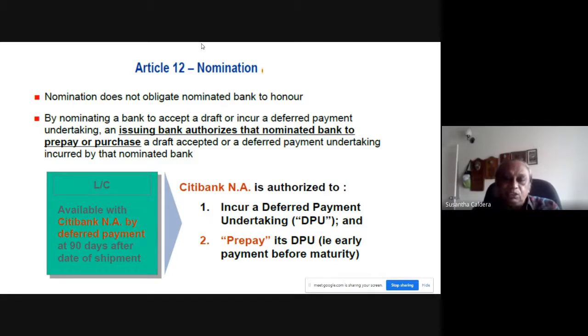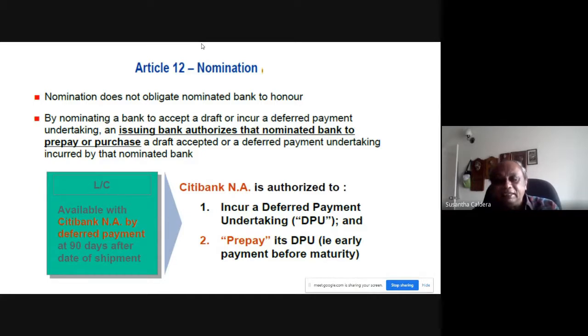Citibank NA is authorized to incur a deferred payment undertaking, DPU, and prepay its DPU, for example, early payment before maturity.